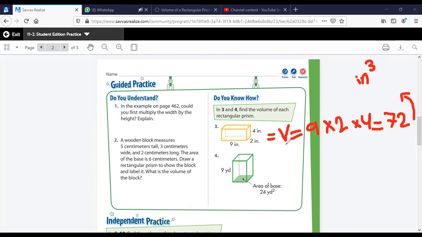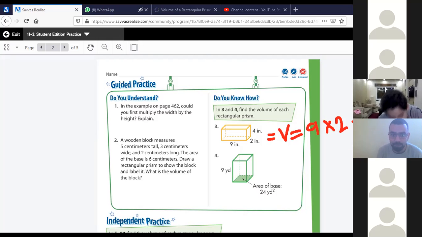That means inside this rectangular prism, I can put 72 unit cubes. You see how this is related to the unit cubes? So that means inside my prism, I can put 72 unit cubes without gaps or overlaps.